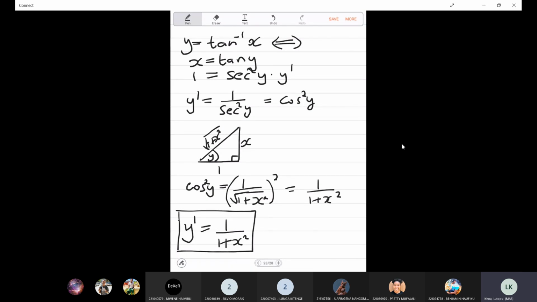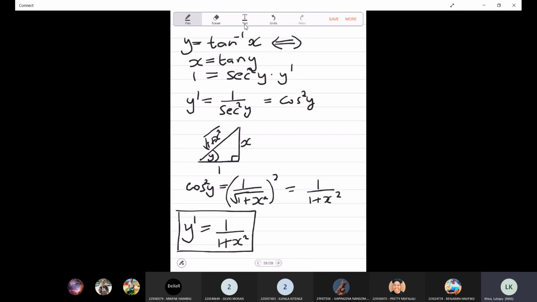It's not too challenging, but most of the time what we will be differentiating will not be just tan inverse of x, it'll be tan inverse of a function of x. So when we differentiate those, we use the chain rule to get our derivatives.